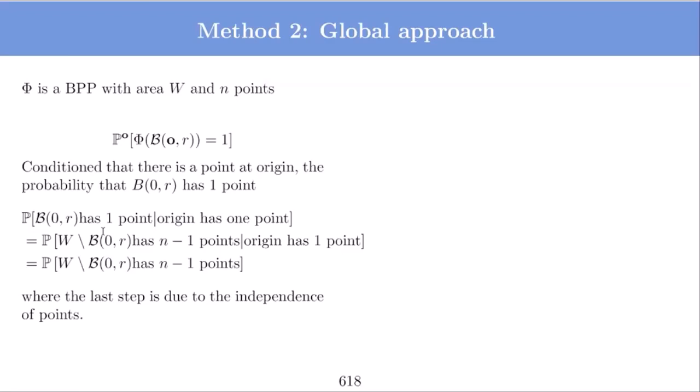Whatever is happening to the first point does not affect where the rest of the points will fall. So conditioning that the first point is at the origin does not affect the distribution of the rest of the points. From the independence of these points, this will be equal to the probability that W minus B(0, r) has n minus 1 points. Now you only have to compute this probability that this particular set has n minus 1 points.